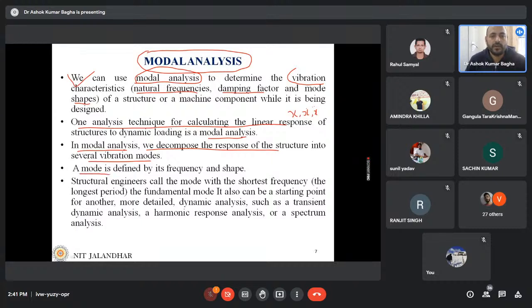A mode is defined by its frequency and shape, because for a particular frequency there is a definite mode shape. Structural engineers call the mode with the lowest frequency the fundamental mode. It can be a starting point for more detailed dynamic analysis such as transient dynamic analysis, harmonic response analysis, or spectrum analysis.